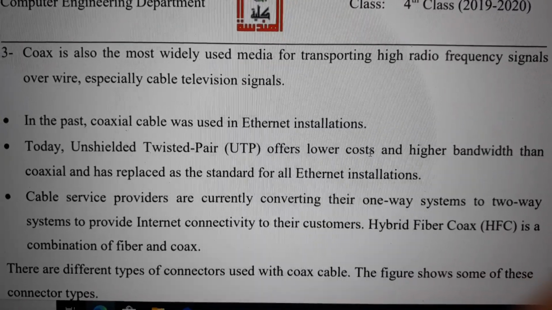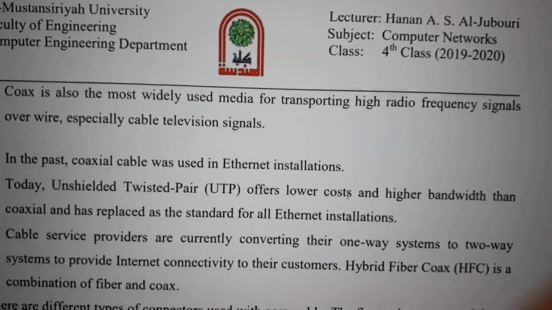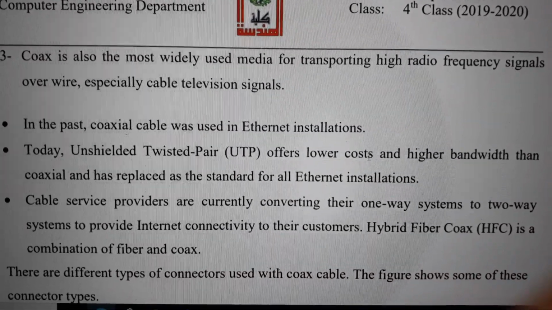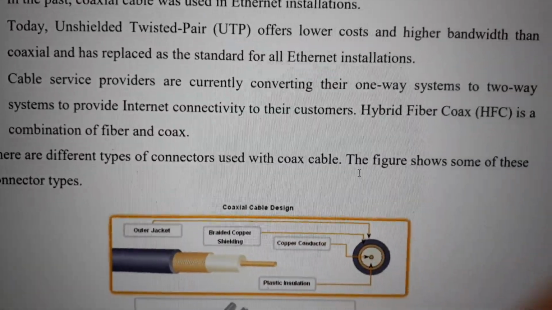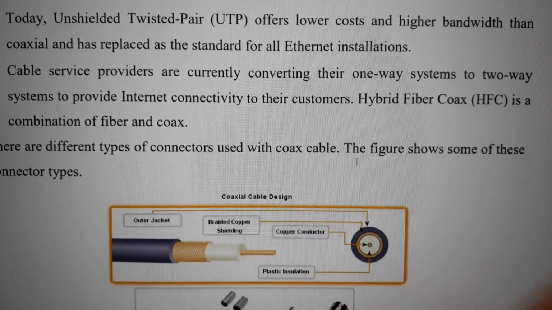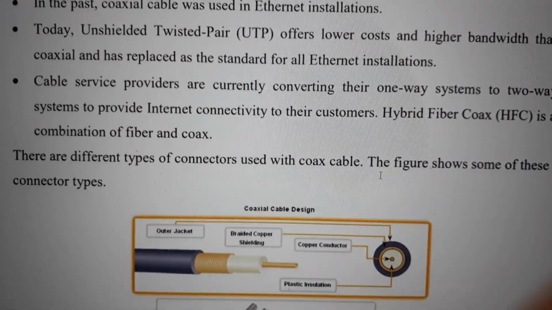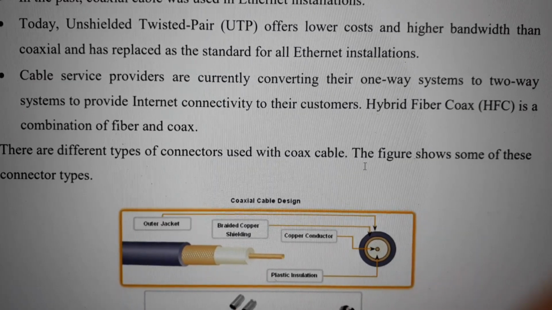Today, unshielded twisted pair offers lower costs and higher bandwidth than coaxial and has replaced it as the standard for all Ethernet installations. Cable service providers are currently converting their one-way systems to two-way systems to provide internet connectivity to their customers.